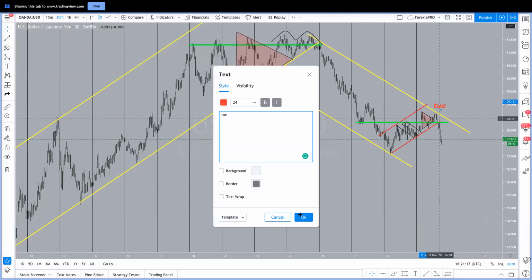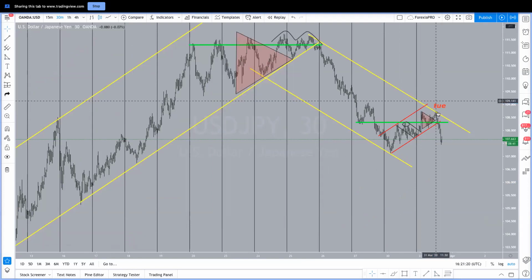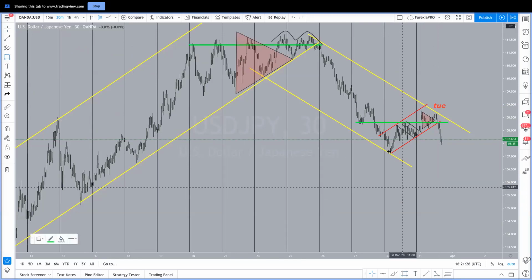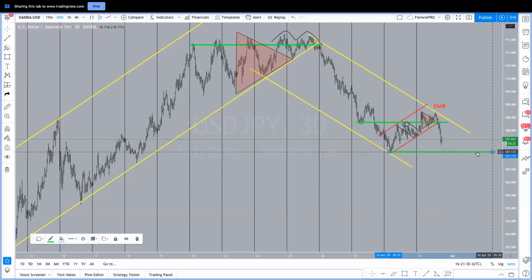That's important that you know what every day you're going to do. Am I going to look for a reversal of this because of midweek reversal? No, because I already see that they did trap people on Tuesday reversal.